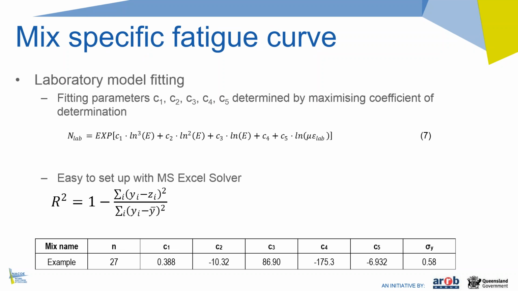So we set up a spreadsheet in Excel, and we compare the predicted number of cycles to failure versus the measured number of cycles to failure, and we use Excel Solver to minimize the error between the two and maximize the coefficient of determination, and then you get a certain set for the best fit to data, and you get values for the C1 to C5 parameters as shown in the table at the bottom.